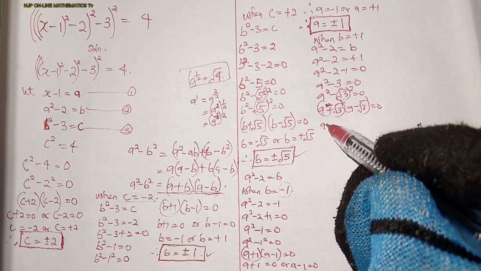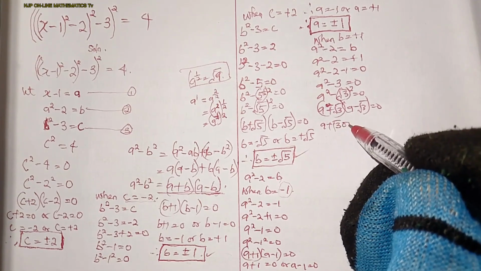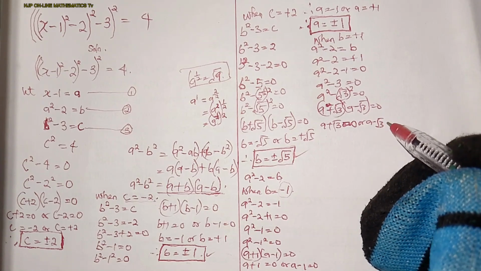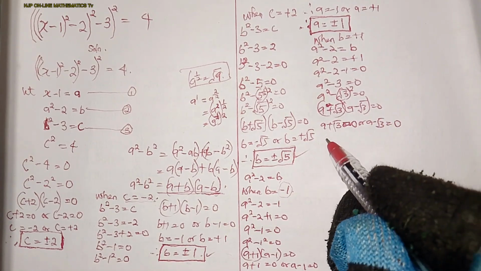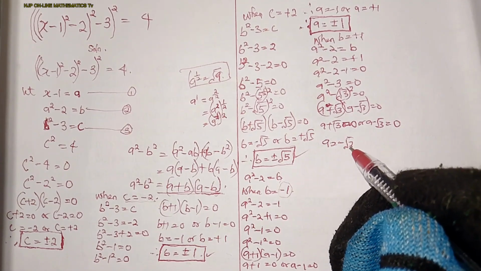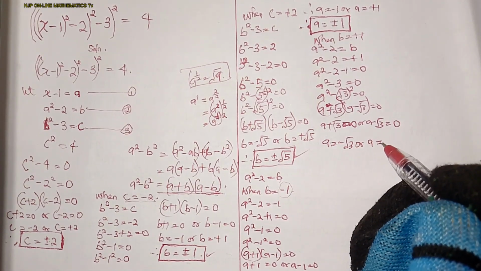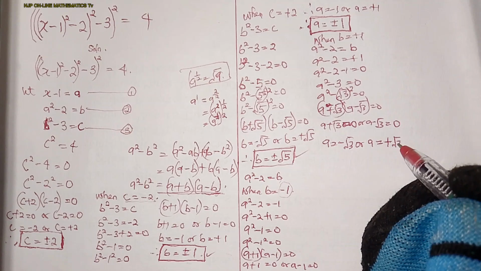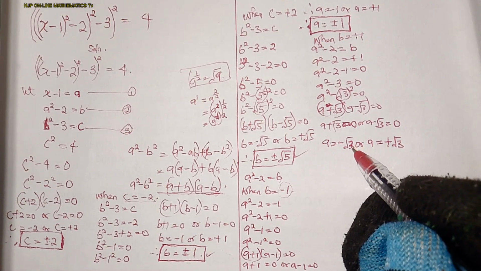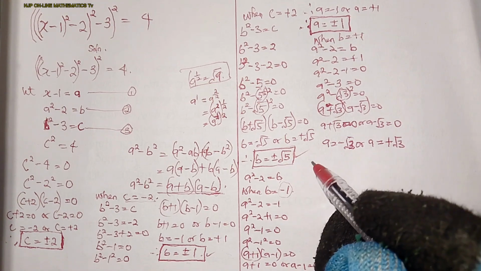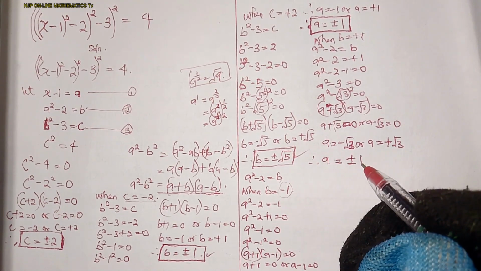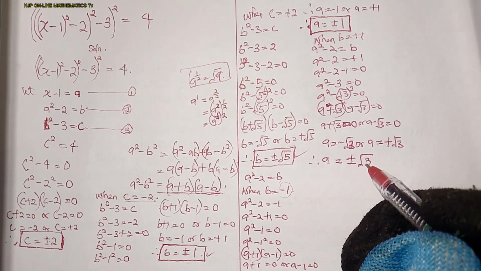And it's either a plus root 3 equals 0 or a minus root 3 equals 0. So for this to take place, then we are having that a equals negative root 3 or a equals a positive root 3. So the values of a equals positive or negative root 3.